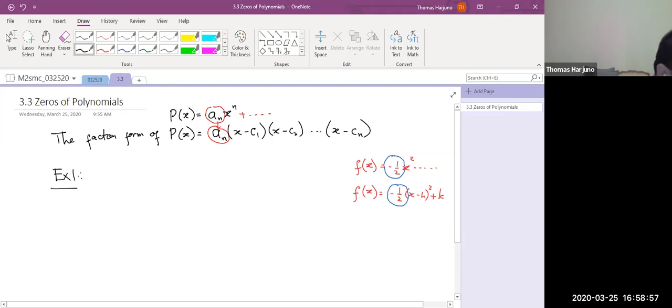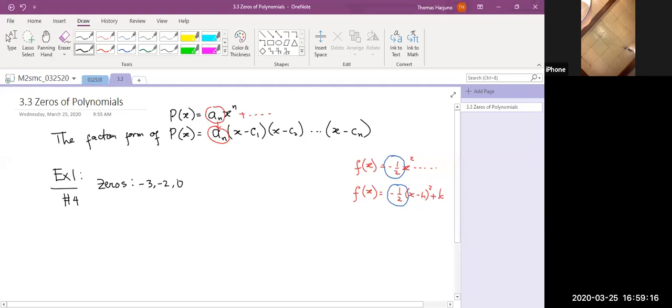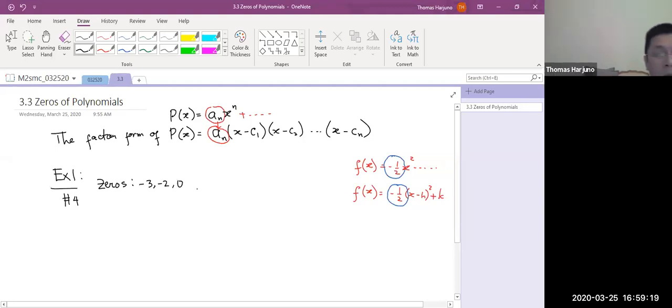Let's say, for example, I pick question number 4. We have the zeros of the polynomial are -3, -2, and 0, while f of -4 equals 16. If we know the zeros of a polynomial, then at the same time we will be able to find the factors of the polynomial.